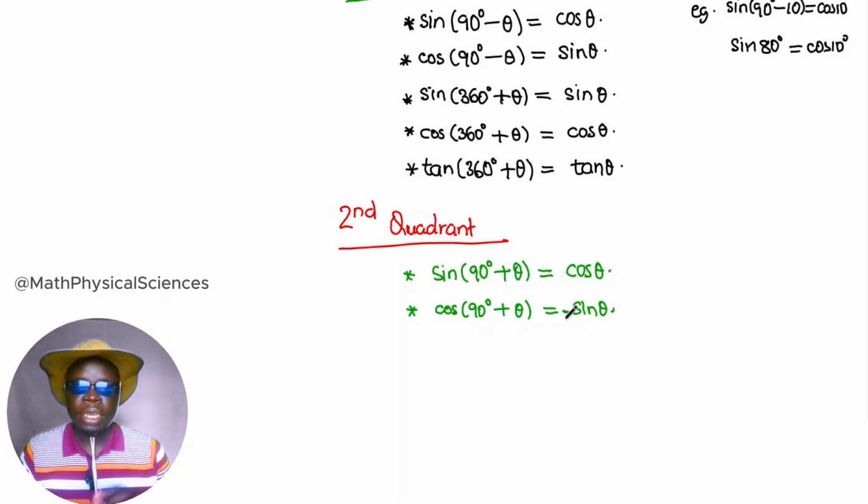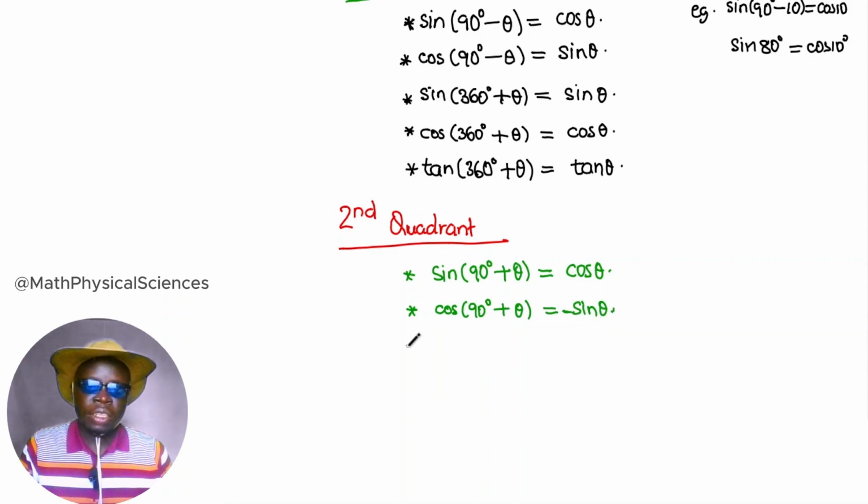Both cosine and tan are negative in our second quadrant, and that is why this is negative multiplying this sine theta. I hope we're together after this point.